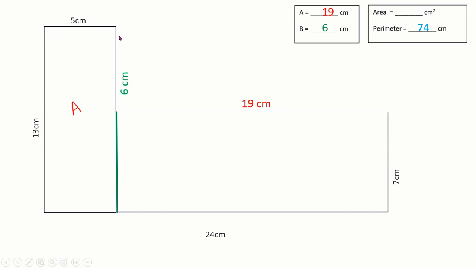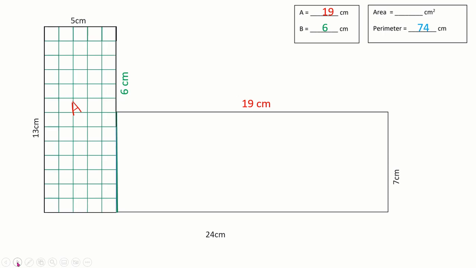Now I've got the number 5 across the top. So I could draw in 5 squares. And it tells me I've got 13 going down. So I draw in 13 squares. I could, if I wanted to, fill in my whole space with squares.